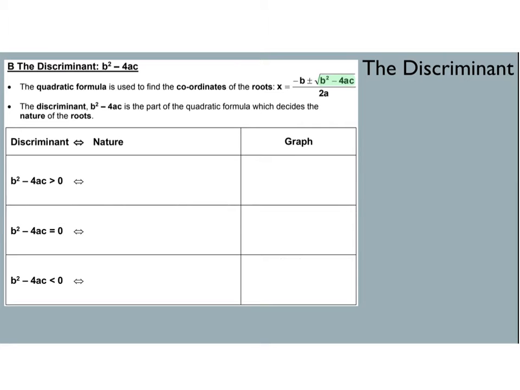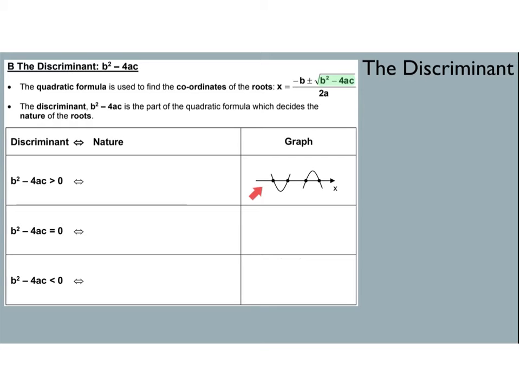Okay, so I'm going to look at the first row of the table here, where it's telling us b squared minus 4ac. What's going to happen when b squared minus 4ac is bigger than 0? That similarly means bigger than. It starts with a wide bit, bigger. It starts with the biggest bit, bigger than 0. Now have a wee look at the graph over here.